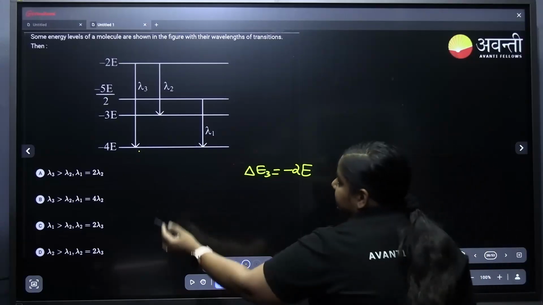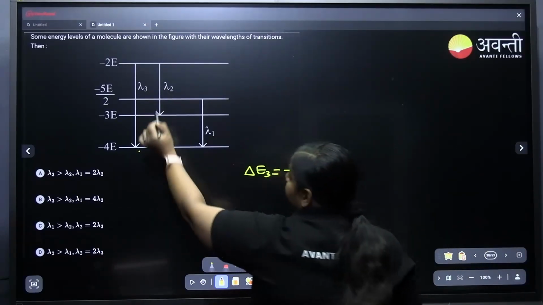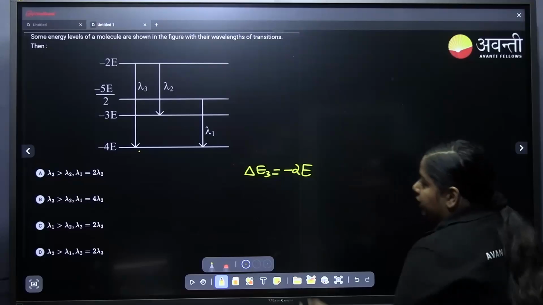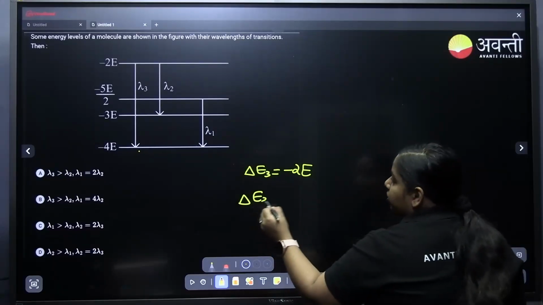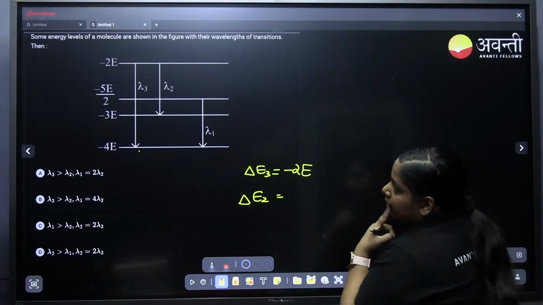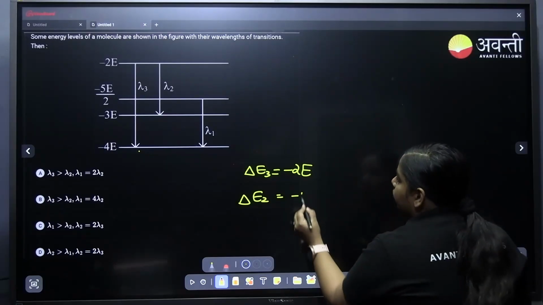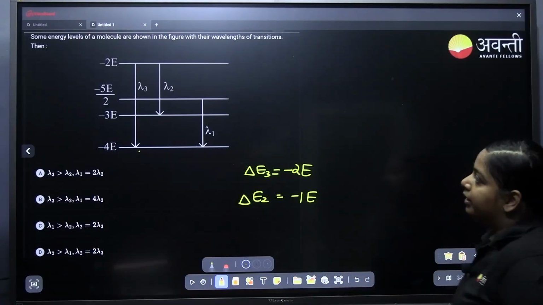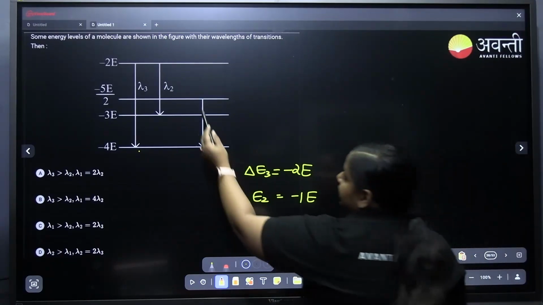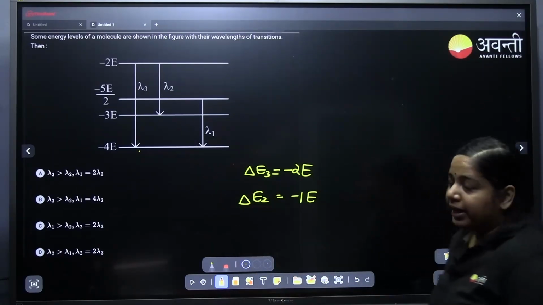Next one, from minus 2 to minus 3, so delta E2 is equal to minus 1e, right?